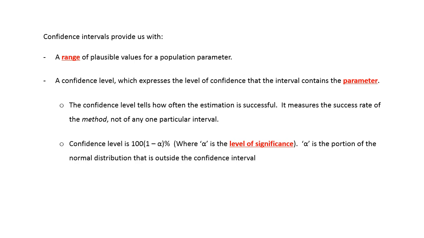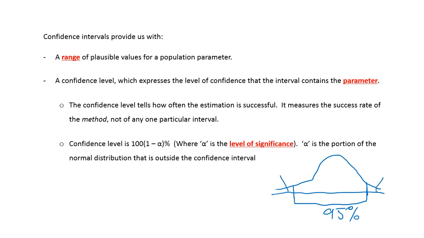There's this thing we come up with, which we will use a little bit, called alpha. Alpha is the level of significance. It's the portion of the normal distribution that is outside the confidence interval. So if we had, not a good drawing, a 95% confidence interval here, then alpha would be this piece and this piece, which are both 0.025.